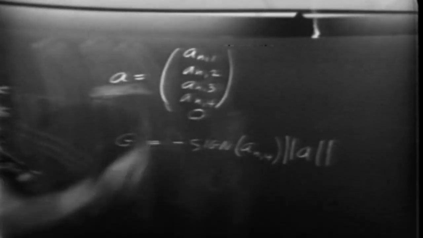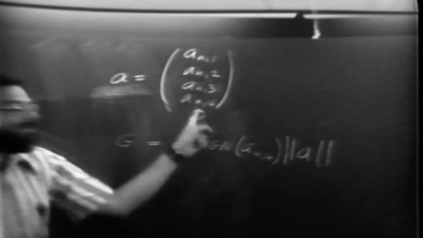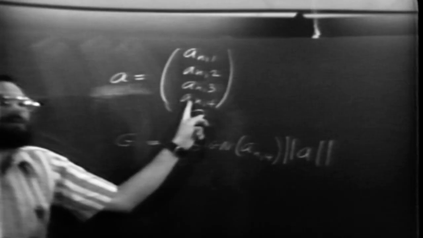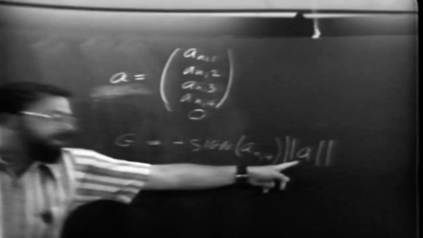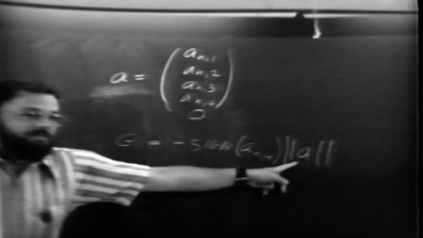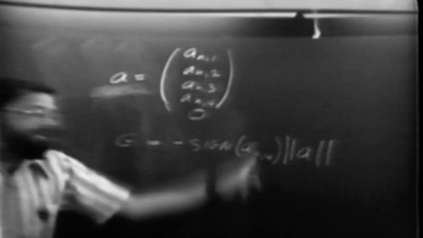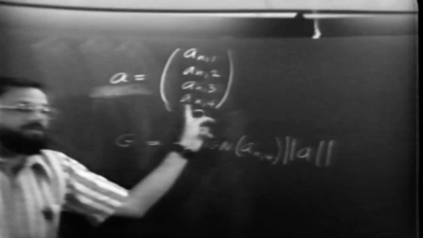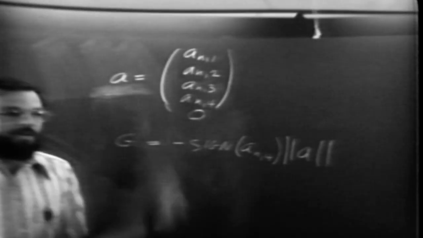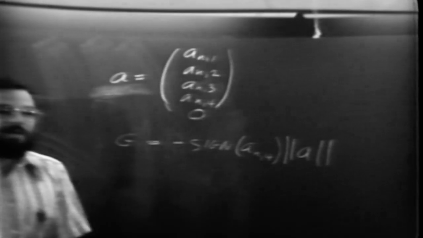Right? So the first computation we're going to see is compute the sum of the squares of those 4 elements. Take the square root to get the length. That's going to be the only square root involved in the computation. And then take plus or minus that square root according to the sign of this number.